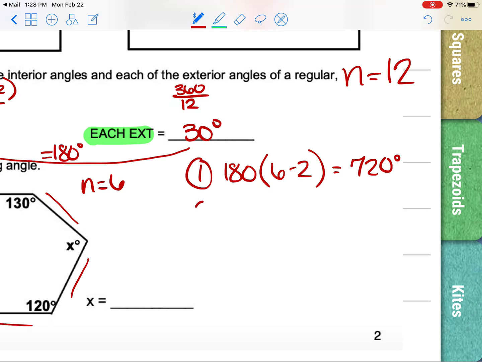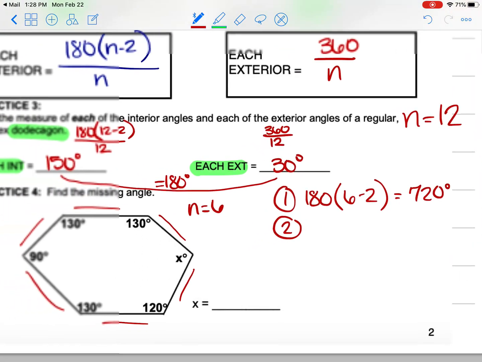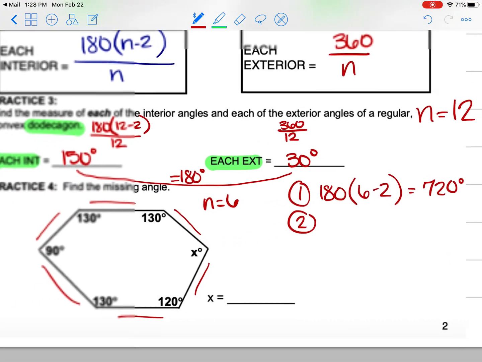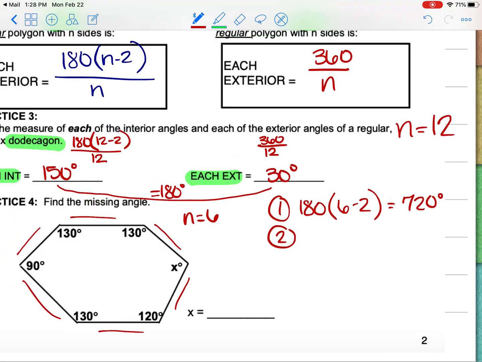That's step one. Step two, let's see how much we have here. So let's add all those angles up. So when I say add them up, I mean let's take 130, 130. There's 3 of them, so let's put those there. There's a 120, and there's a 90. If we add all those up, it does give us 600.